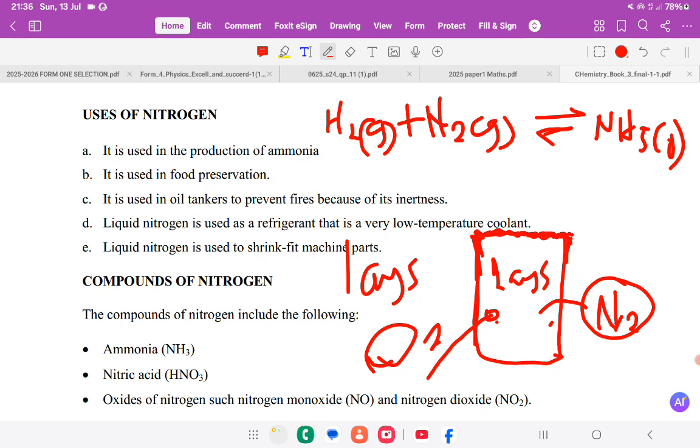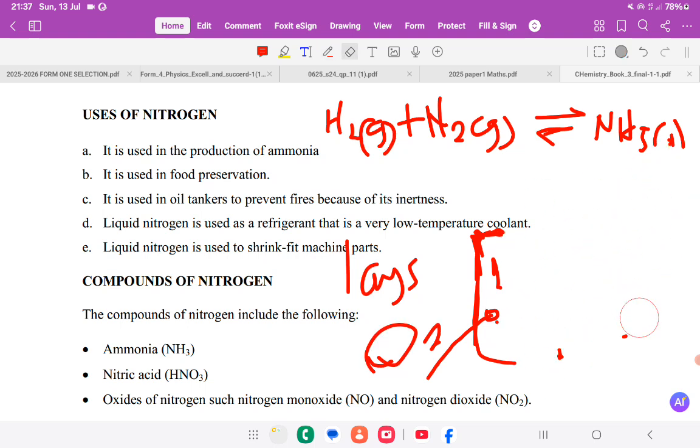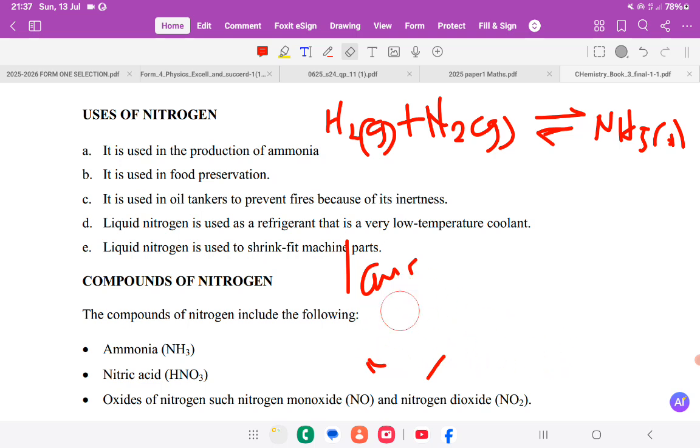So the use of the nitrogen gas in it is simply to prevent the crisps from getting rotten. How? Because nitrogen has a property called inert. Inert means it does not react with anything. So the packet is filled with such a gas to prevent the food from combining with oxygen. Very, very important to note that.